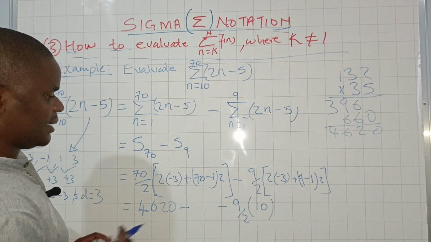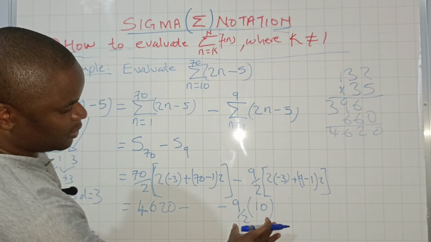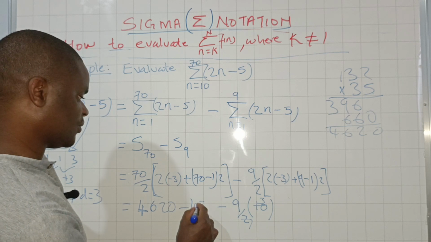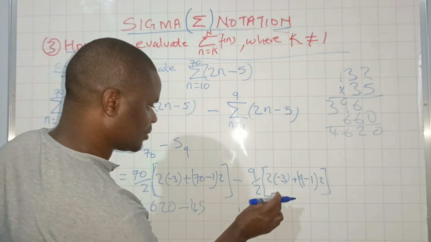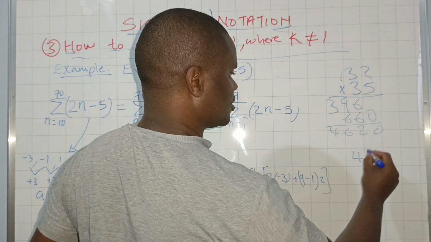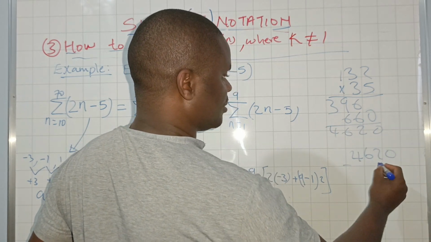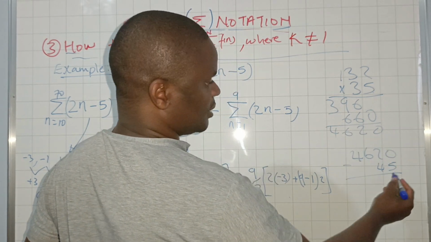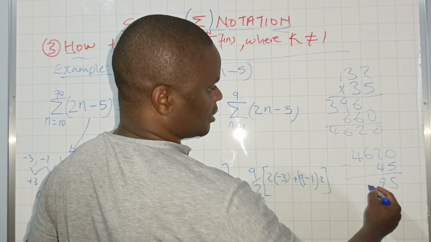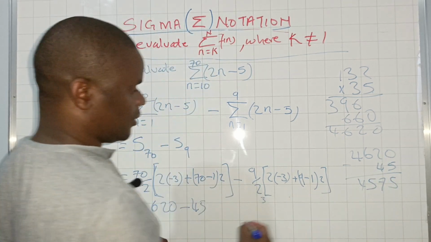4,620 minus, now this is going to be 45, because 9 by 2 times 10 is 45, so minus 45. That one is done and dusted with. Now let's subtract 4620 minus 45. Then going to be a 5, an 11, a 7, a 5, a 4.